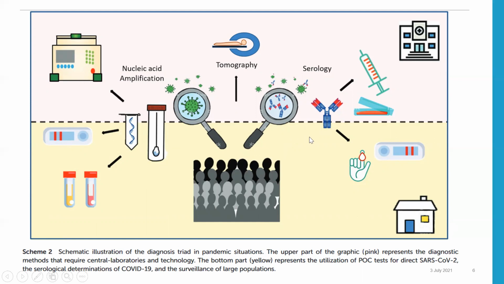And then, of course, you have serology to detect the antibody present, and there is also a lateral flow test using a pinprick to detect the antibodies IgG and IgM. This is correlated with the clinical assessment, like tomography, chest X-ray, etc. So that is how SARS-CoV-2 is being diagnosed from the patient and in the population.